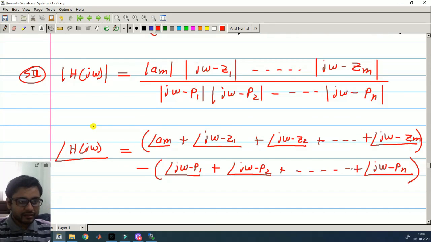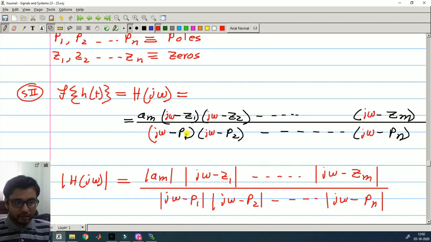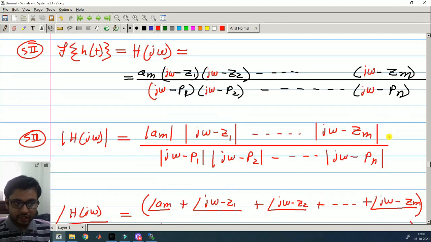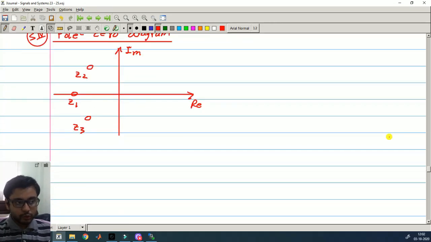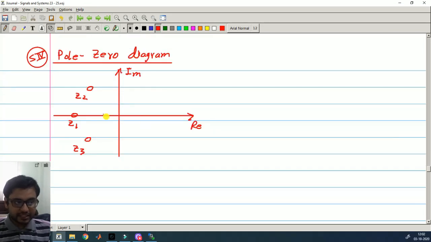In the same way, these poles p1, p2, pn are also complex numbers, so we can put them in this diagram, and we will denote them with the symbol cross.